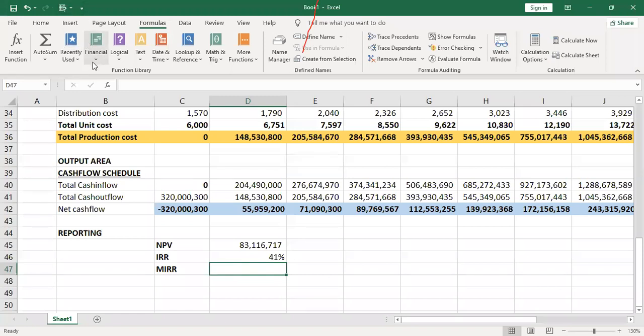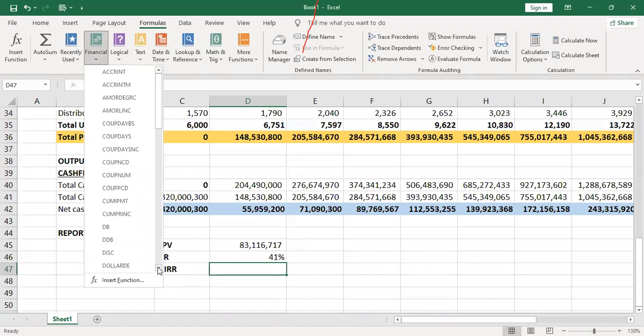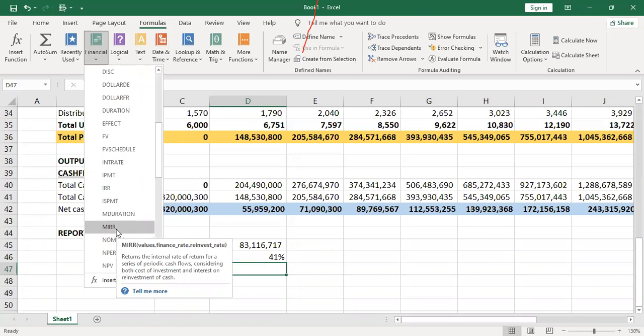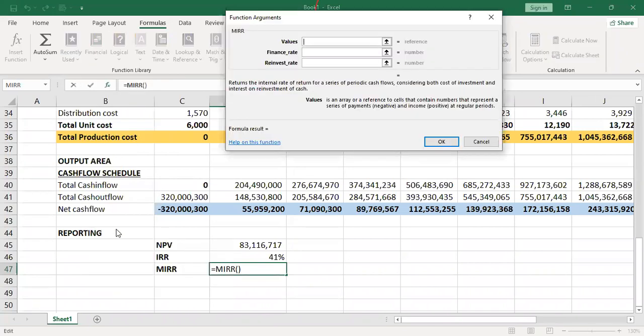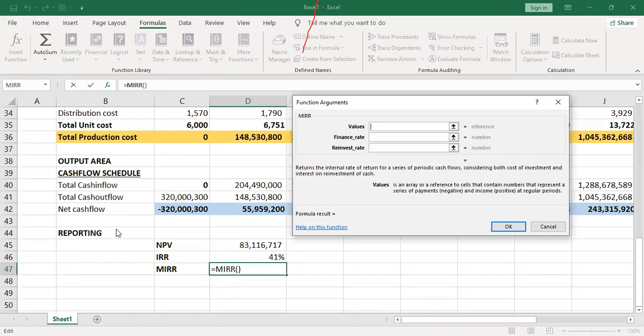Formulas, financial, and then you look for MIRR.